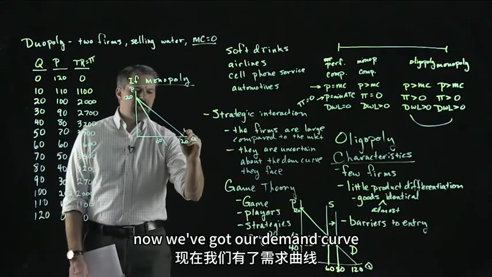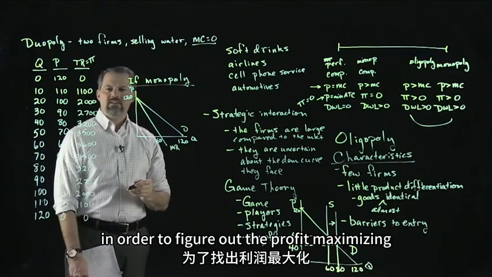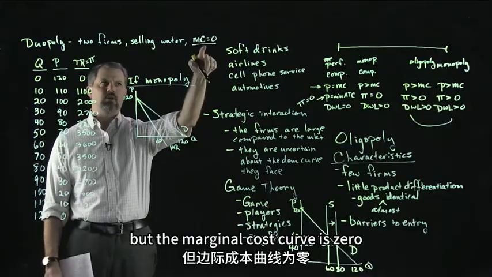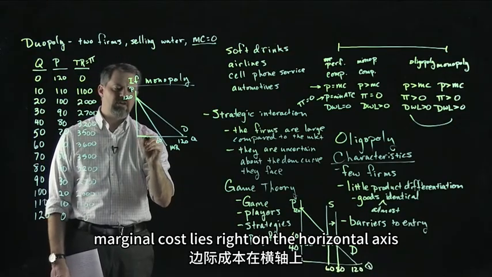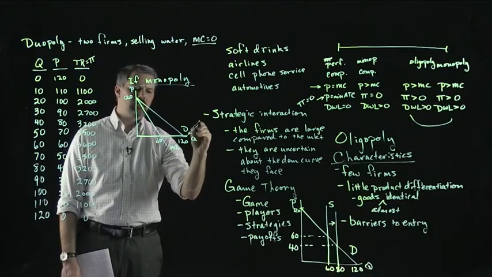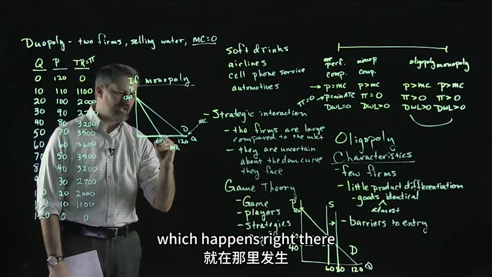Now we've got our demand curve and we've got our marginal revenue curve. In order to figure out the profit maximizing decision for a monopoly, we need the marginal cost curve. But the marginal cost curve is 0. Marginal cost lies right on the horizontal axis, right down there. There's our marginal cost curve. So we look where marginal cost equals marginal revenue, which happens right there.